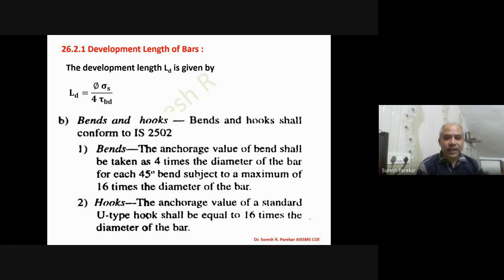This we have already seen. Now, important: bends and hooks. The anchorage value of a bend shall be taken as 4 times the diameter of the bar, and a maximum of 16 times the diameter of the bar. For a U type we have a 180-degree angle, and therefore we are going to take this value, 16 times the diameter of the bar.